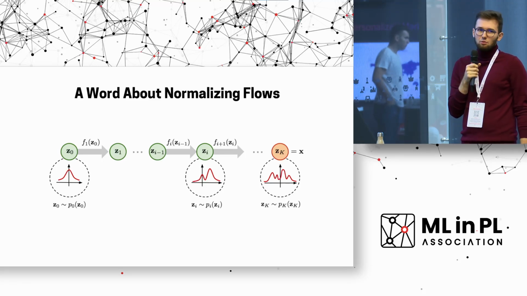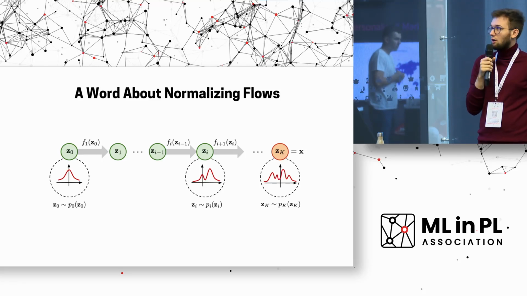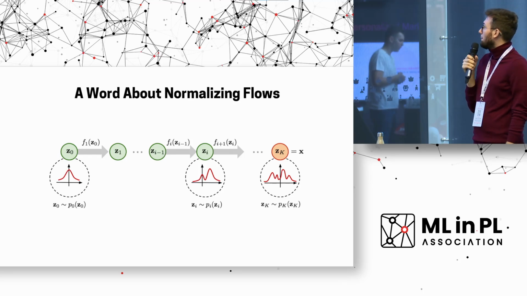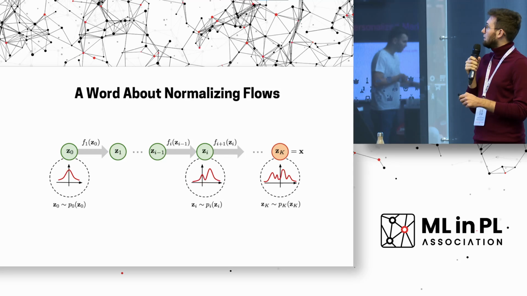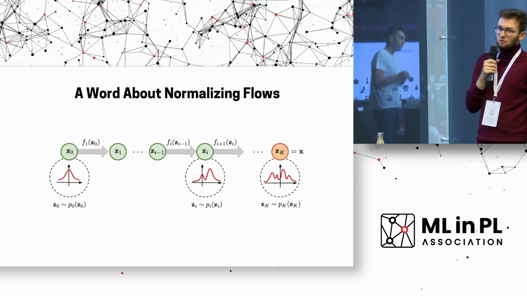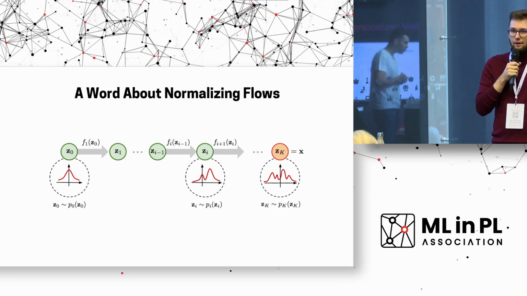In practical applications, it's usually a standard Gaussian, and we usually call that the base distribution. We want to transform that distribution by these transformations to obtain a very complex distribution. In our case, it is the target distribution.